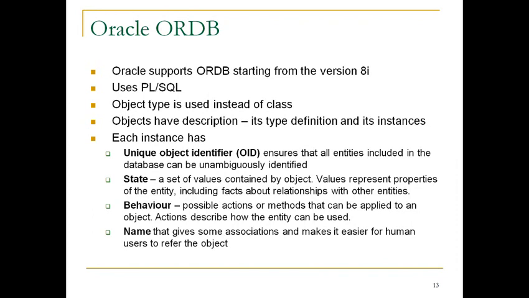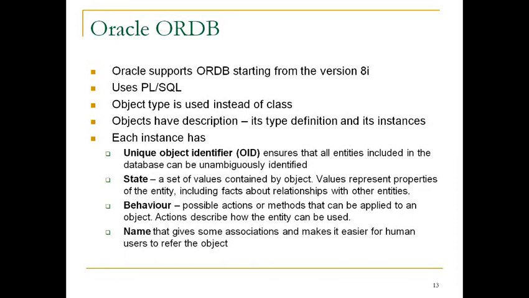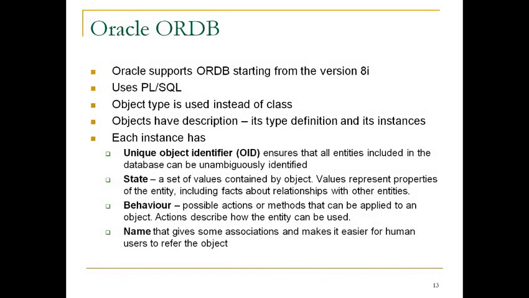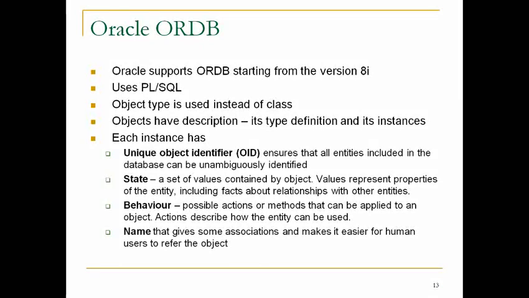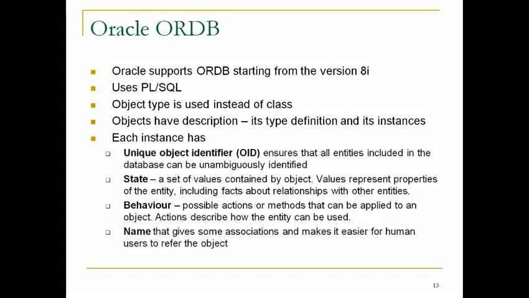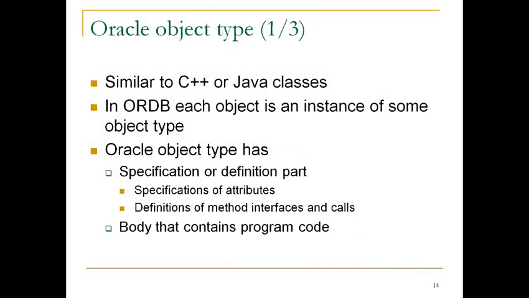Behavior, these are possible actions or methods, that meaning programs that are stored together with the data. And the last thing is the name. Probably that can be a name of the variable. And it is used to give some associations to the programmer, to another programmer who will use this code. So the good style is to use meaningful names. I'll probably do badly today with this, but I have another purpose for it.